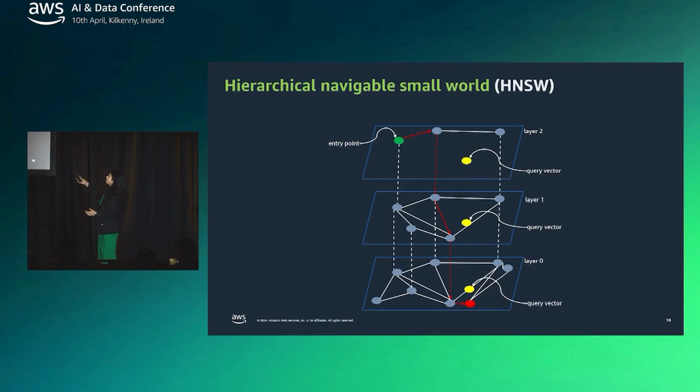So now when we go to the lowest layer, we see that the red dot which you see is the closest to my query vector. So this is the result which I will return. And that's why it's hierarchical, because it has these layers and we have to calculate it this way at each layer.